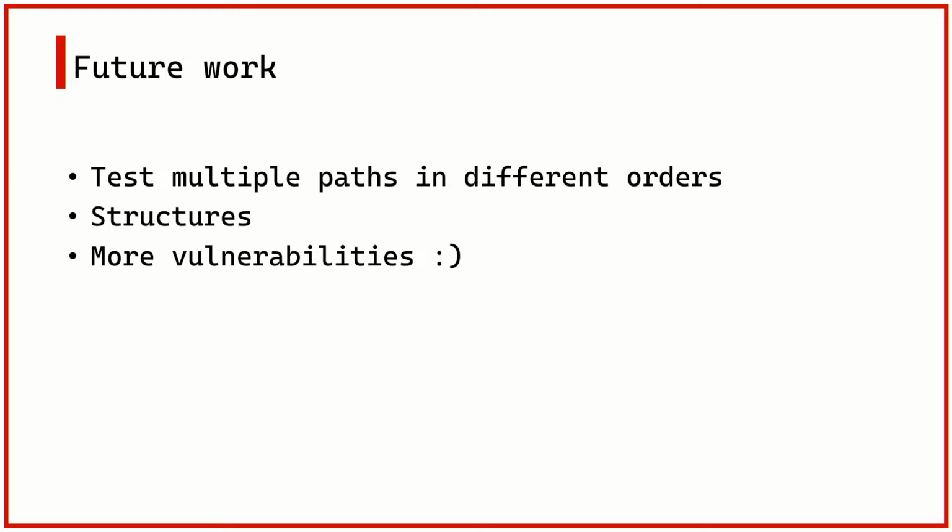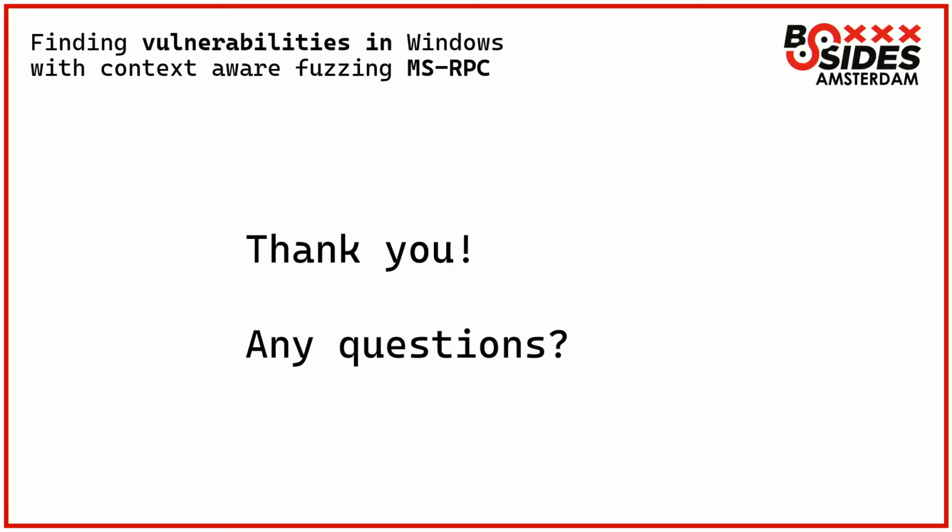Currently it's creating just a default instance for this. But actually you also want to include random inputs in this structure, to see how it behaves differently. And of course, to see if I can find more vulnerabilities.